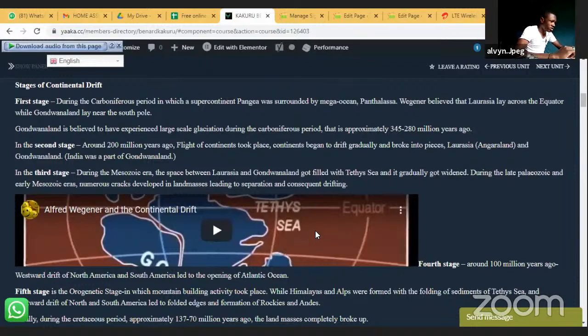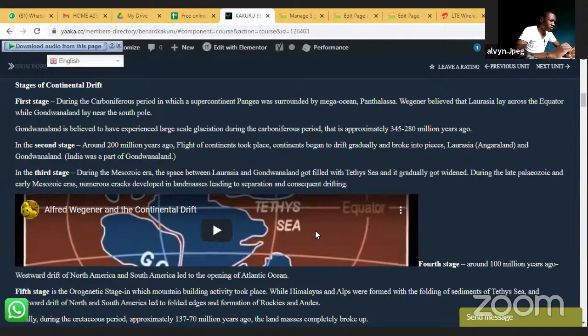Then the second stage, around 200 million years ago, the flight of continents took place. Continents began to drift gradually and broke into pieces: Laurasia, Angaraland, and Gondwanaland, including the Indian part of Gondwanaland.